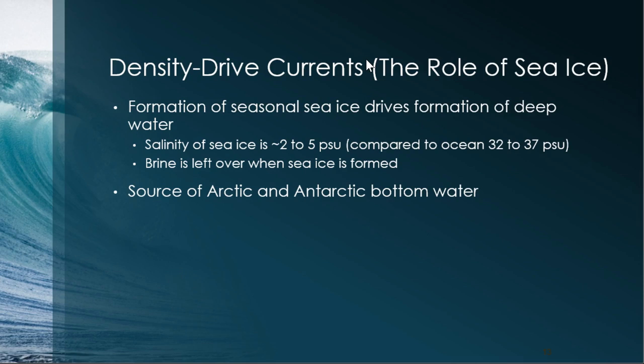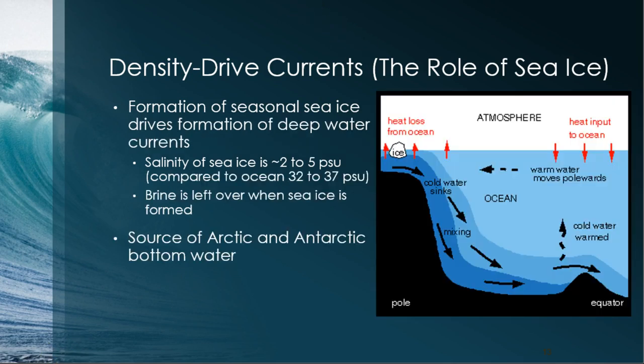And so seasonal sea ice actually drives the formation of deep water currents. So what we're talking about, right, is the idea, what I've got here is this cold water sinks and it mixes and all this good stuff, right? But here we've got this idea of ice.